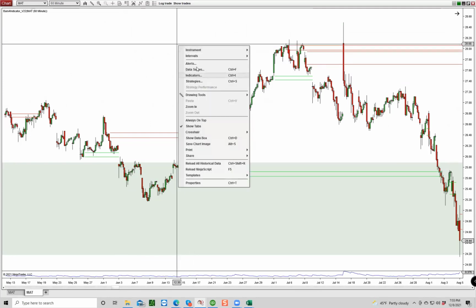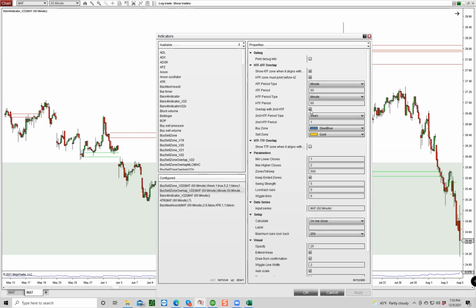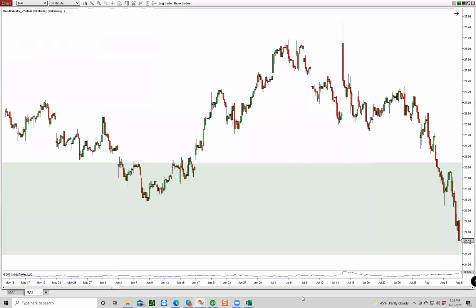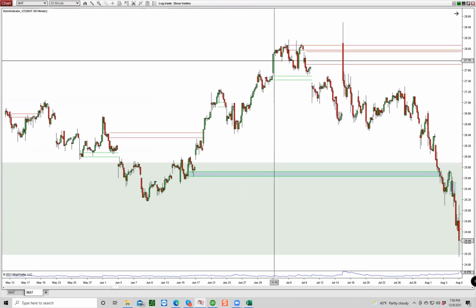Look, if I make one change in here, check this out. We're going to go to the overlap, and I'm going to get rid of this. I'm going to make this a week. You're going to see this zone will now be blue here. There's your overlap, right?